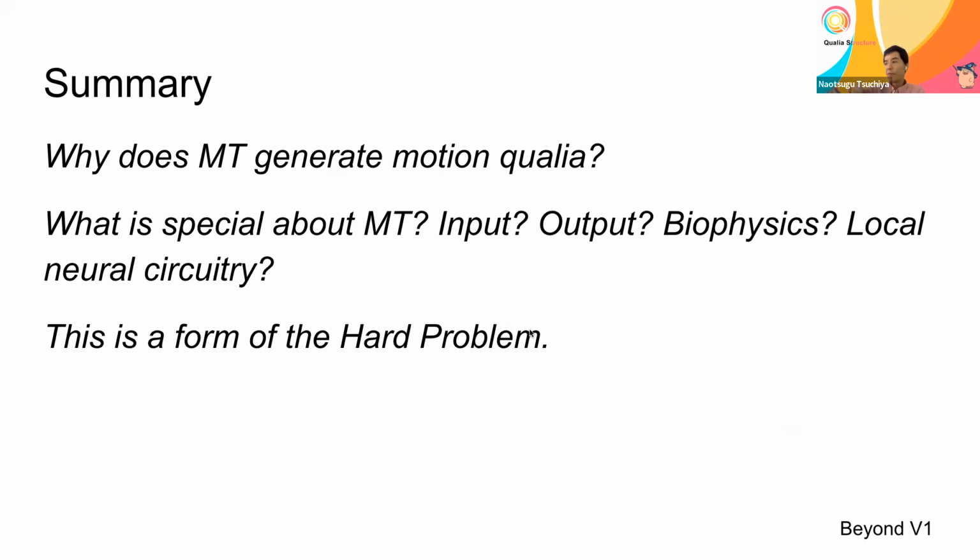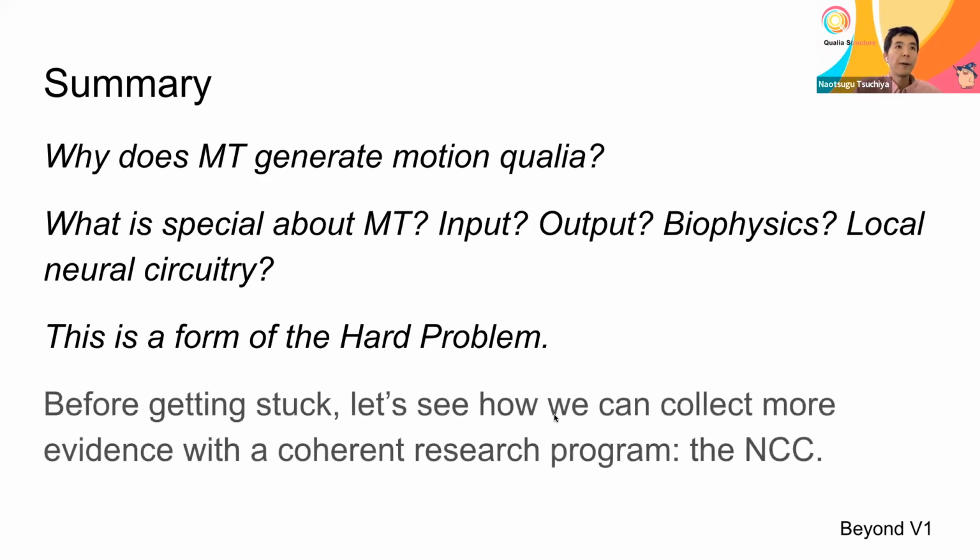But this link between the neural activity or connection to particular experience is a form of the hard problem. Nobody right now has a direct answer why this has to be the case. Why V4, V8 corresponds to the color, why MT corresponds to the motion, we don't know at this point.